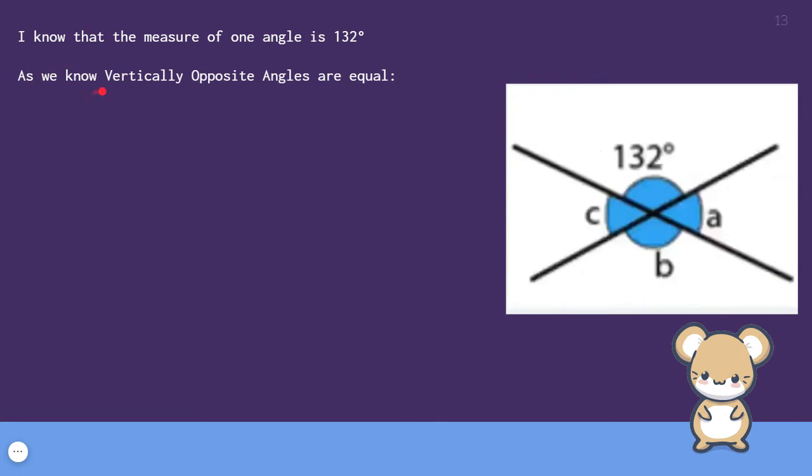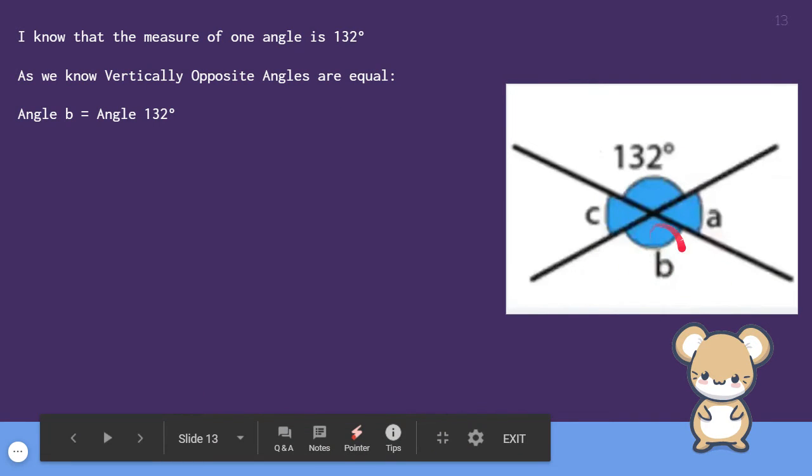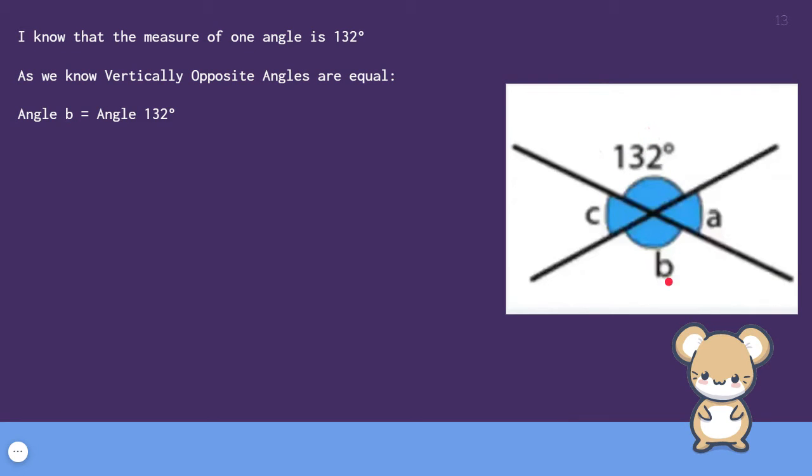Now, as we know, vertically opposite angles are equal. That means angle B is also going to be 132 degrees. The measure for both these angles is going to be the same because vertically opposite angles are equal.